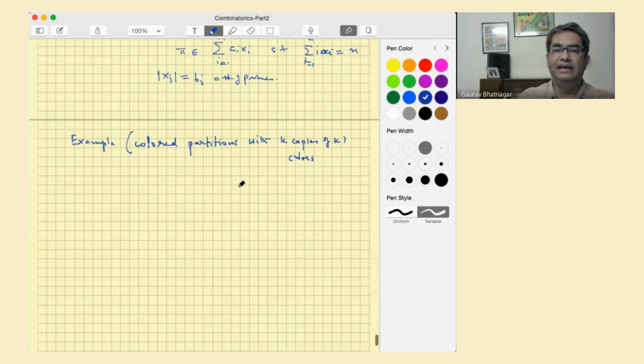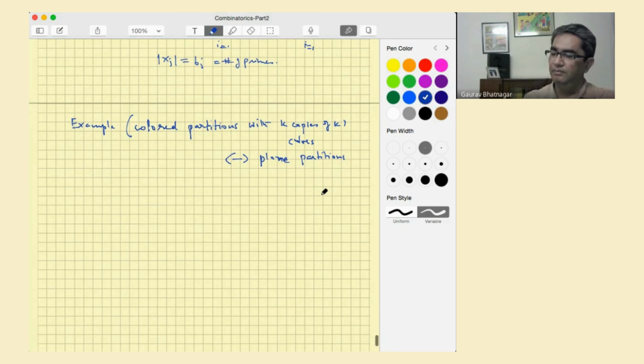And these are actually in one-to-one correspondence with what are called plane partitions, which I will define separately after a bit, maybe. But first, let's just figure this out.